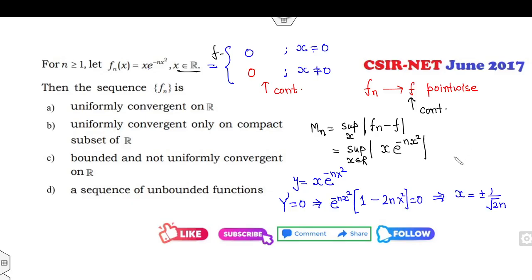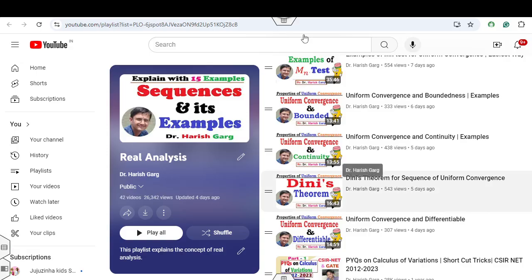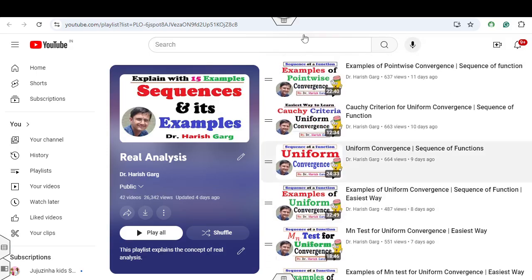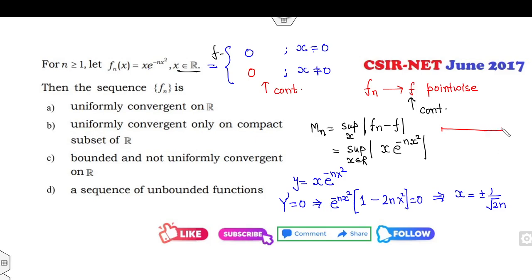How can you find the maxima? Either you can find the second derivative. Otherwise, if you already watched my lecture on examples of uniform convergence, you have learned the shortcut tricks. This is plus 1 by root 2n. Since this number is positive, 0 lies somewhere here. If x is 0, what is the sign of this? It is positive.